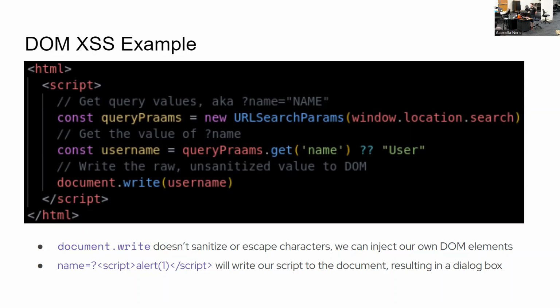The important part here is that the name query parameter is being written to the page. Because it's being written to the page, you could include other HTML elements in that name query parameter and then get the alert box.